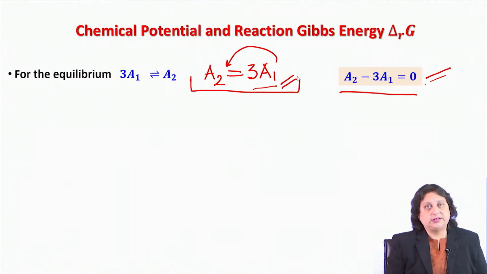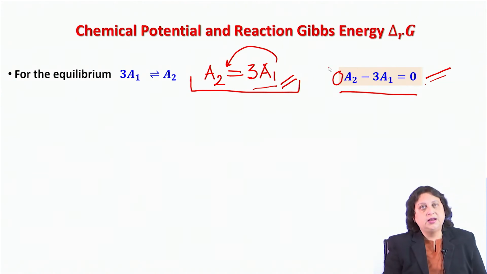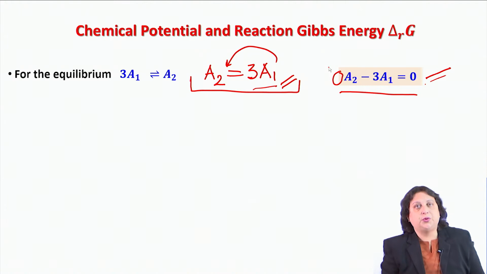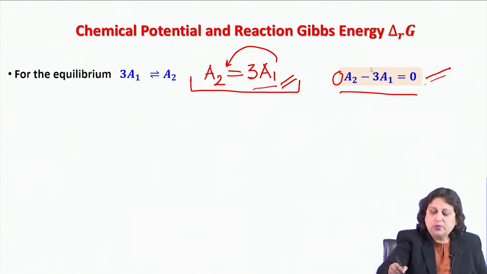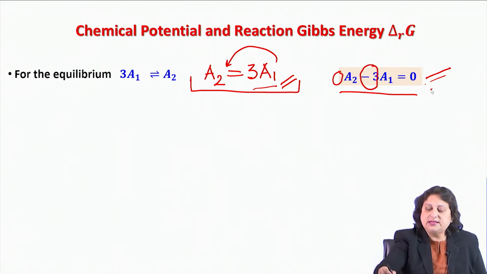But there is a difference. The difference is the coefficient of products appearing in this equation is positive and the coefficient of the reactants appearing in this equation is negative.